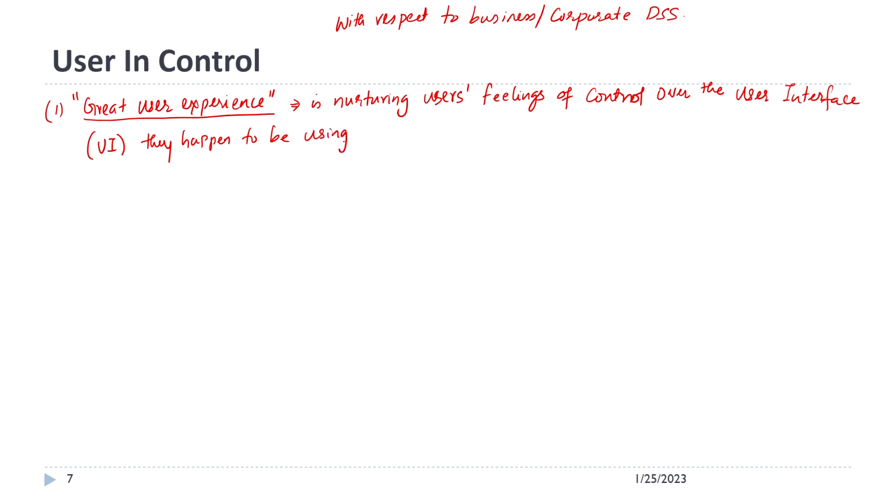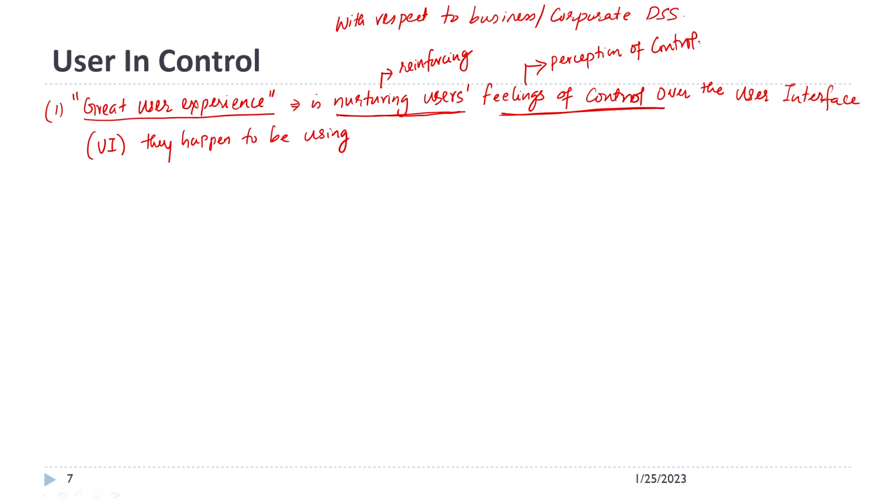So, we are nurturing or imparting and growing, consistently and positively reinforcing, the user's feeling of control. Whether the user has actual control is a different story, but the feeling or the perception of control matters.